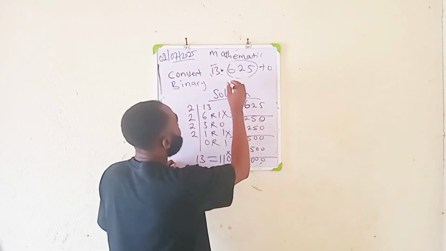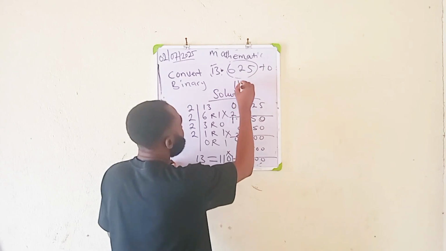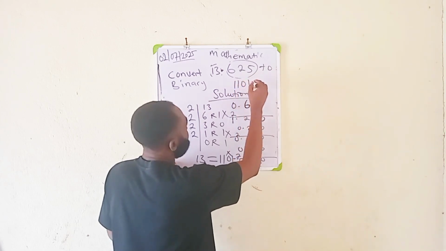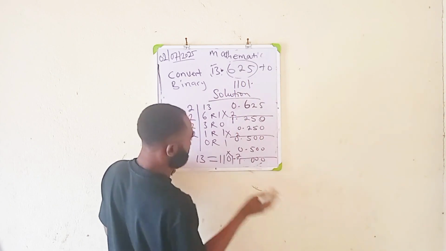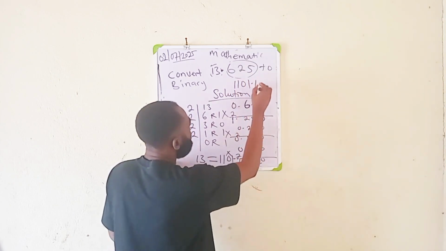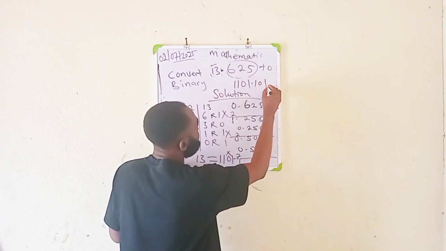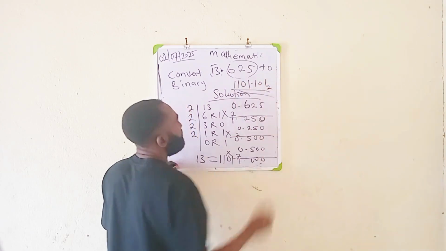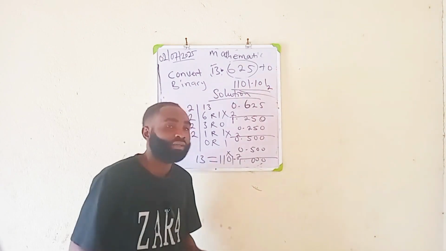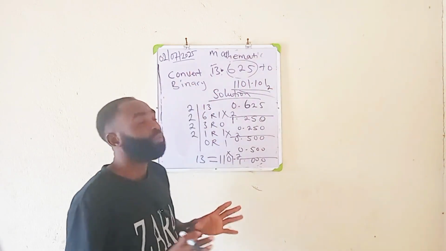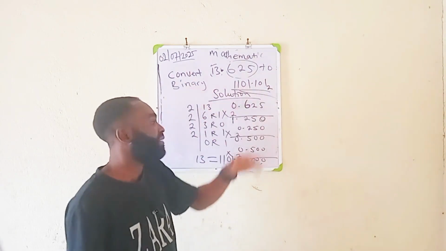So we have 1101 point, and the fractional part is 101 base 2. So that is how to convert a decimal number with decimal points to a binary number.